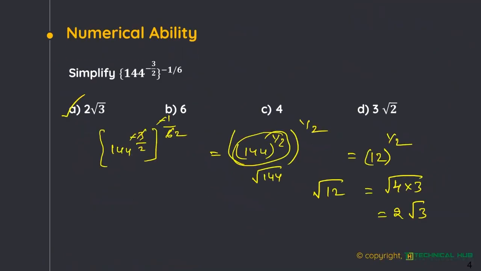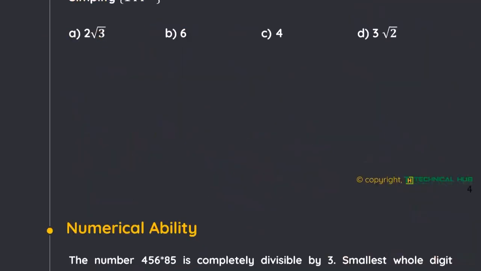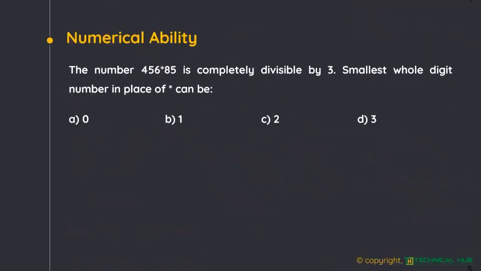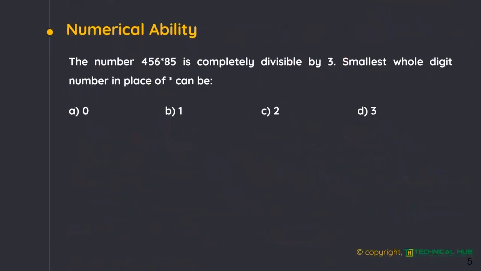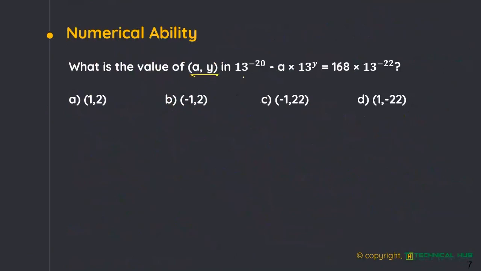Now, see here, what is the value of a comma y in 13 power minus 20 minus a into 13 power y, which is equal to, if you observe carefully, this is 168. You can write this 168 as 169 minus 1, because you already know that 169 is nothing but 13 square.